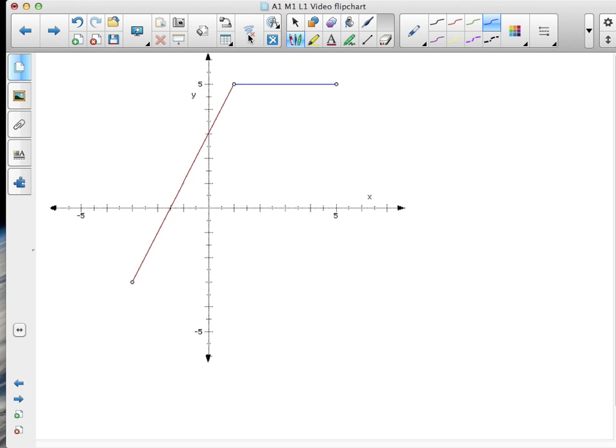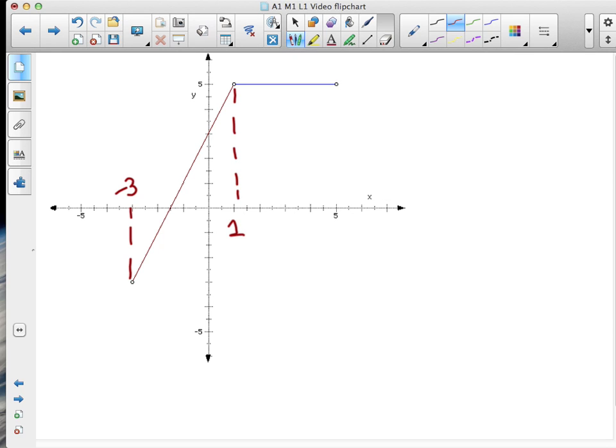So what we were talking about today was stories with these piecewise linear functions, and what we want to discuss for tonight's homework is how to find the intervals where they are increasing, decreasing, or staying the same. So we can talk about the interval as going from -3 on the x to +1 on the x.